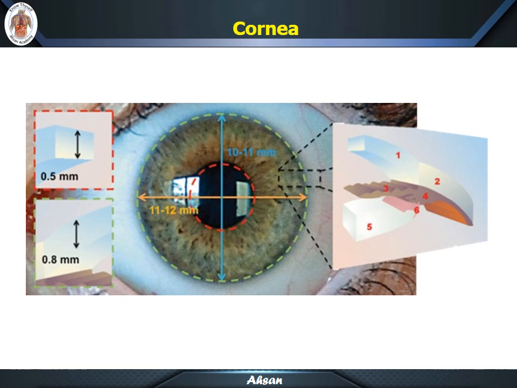You can see the transverse diameter is a bit larger than the vertical diameter. So this cornea is not totally a rounded structure. It is transversely elongated, slightly oval in structure. The thickness also varies. At the center it is half a millimeter, but peripherally it is a bit thicker, 0.8 millimeter.